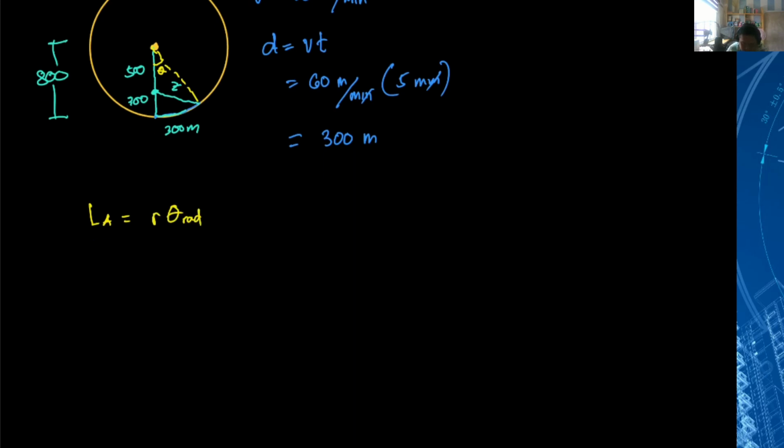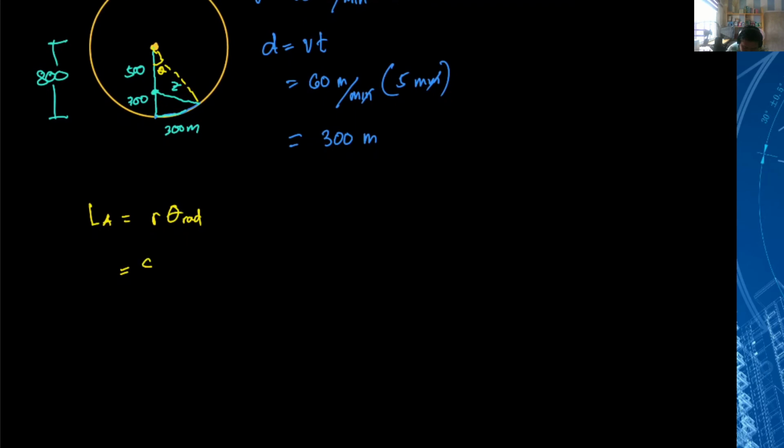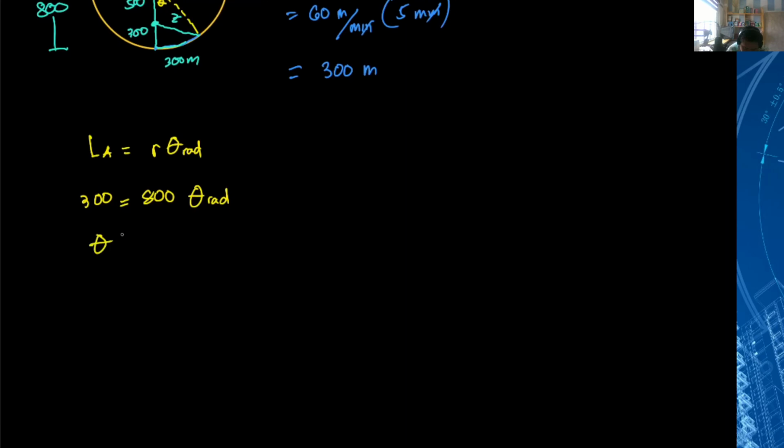Okay? So that is the formula of length of arc. So we know that our r is 800, and we know LA, the length of arc, is 300. And we have here theta in radian. So theta in radian equals 300 over 800.